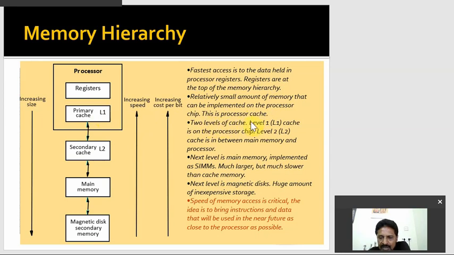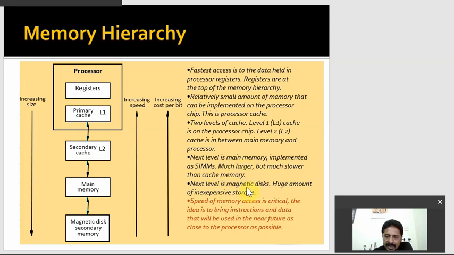There are two levels of cache. Level 1 cache is on the processor chip. Level 2 cache is placed in between the main memory and the processor. The next level is main memory implemented with SIMM technology, much larger but much slower than the cache memory.